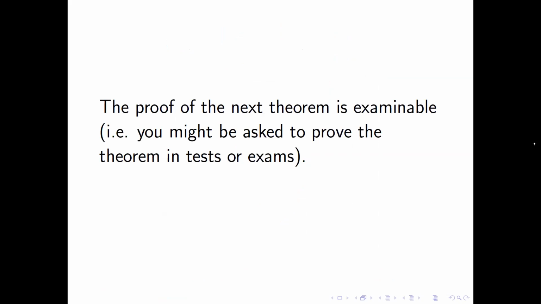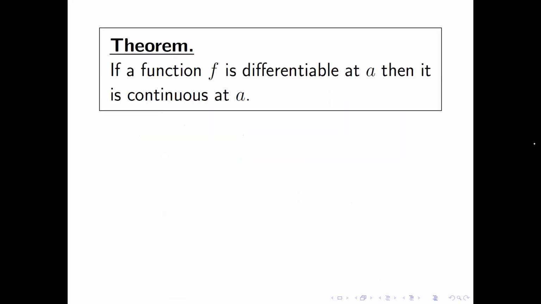so now let's try to prove what we have seen already: that if a function is continuous, it does not imply that the function will be differentiable at that point. Okay, so let's try to state this theorem.